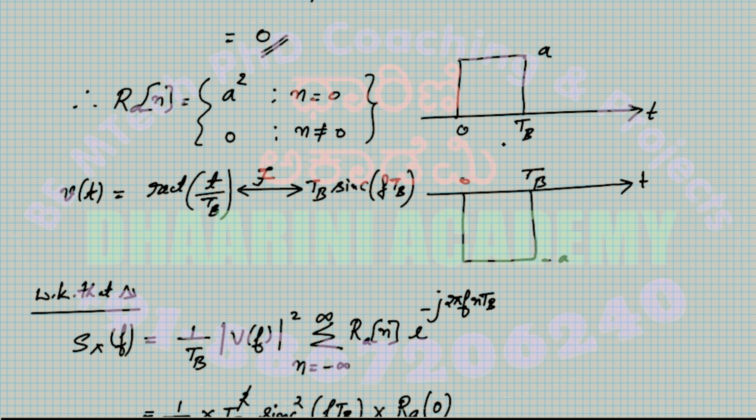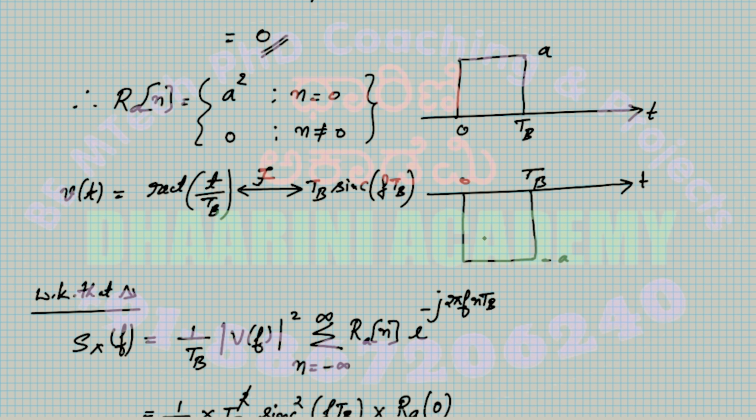The rect function multiplied by plus a gives you the positive waveform, which you can see here. If the same rect of t by T be multiplied by minus a, I get the value below the x-axis. So irrespective of whether you have plus a or minus a, my v of t remains the same. So I can still use the same v of t we used earlier, and we can write the V of f like this.